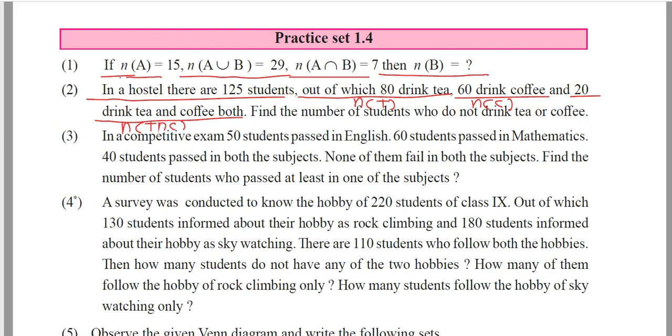Those who drink coffee. Their intersection, that is N of T intersection C. I will see the answer.